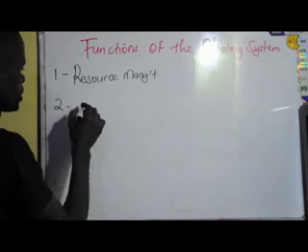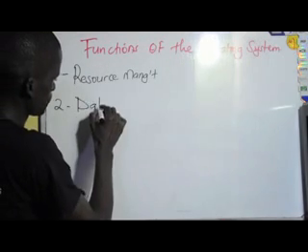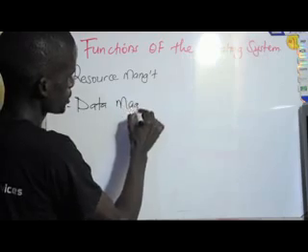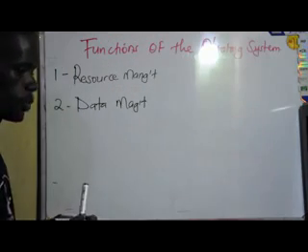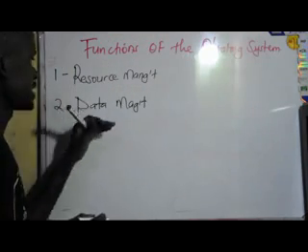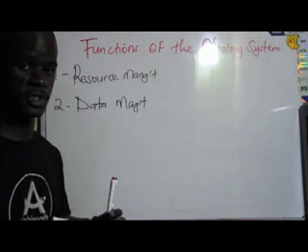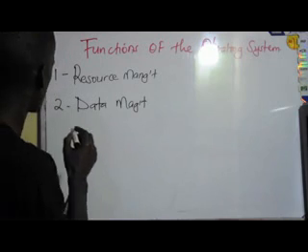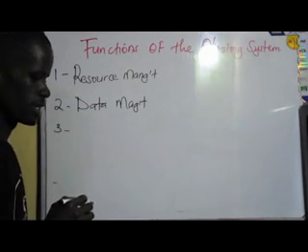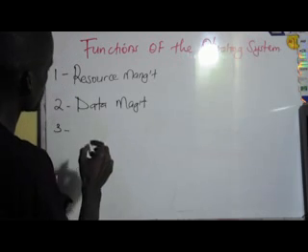Number two is data management. The operating system governs data that is being input and output from the computer system. Number three is task management.